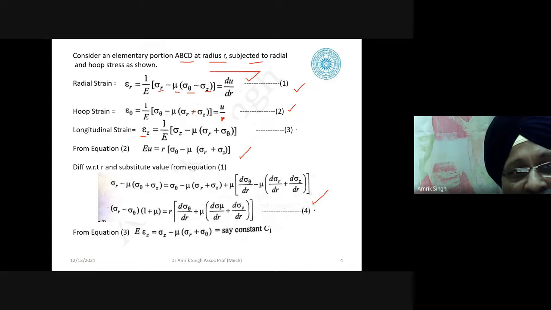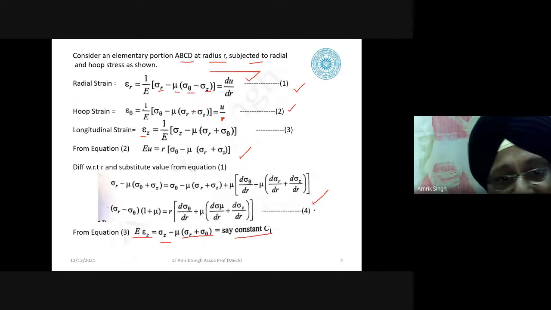Now from equation number 3, E times epsilon z is equal to sigma z minus mu times sigma r plus sigma theta. As we said, this remains constant, so let it be equal to C. Now sigma z is equal to C1 plus mu into sigma r plus sigma theta.